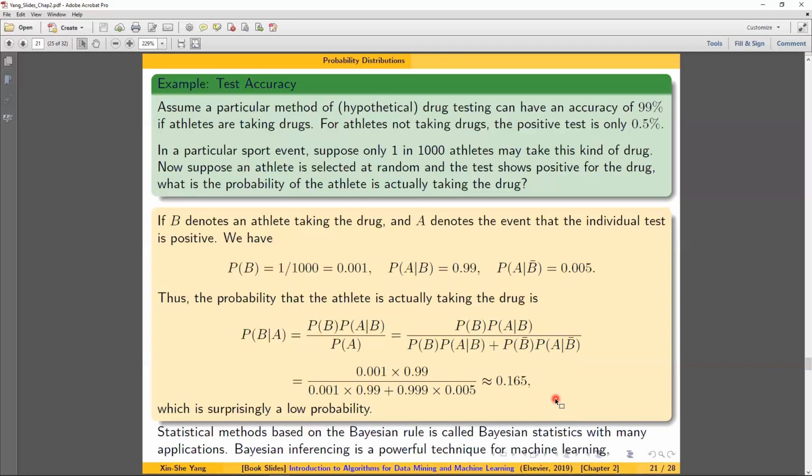Just one last comment here: statistical methods based on the Bayesian rule are called Bayesian statistics, with many applications. And Bayesian inference is a powerful technique for machine learning. That's the reason we want to discuss what the Bayesian rule and Bayesian statistics are.